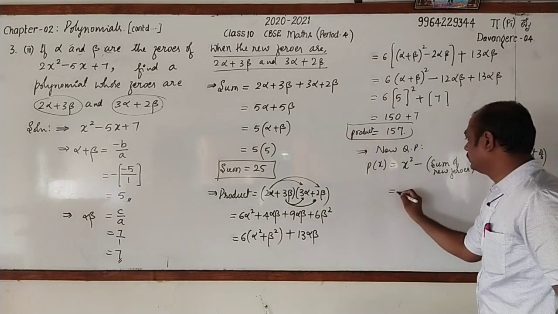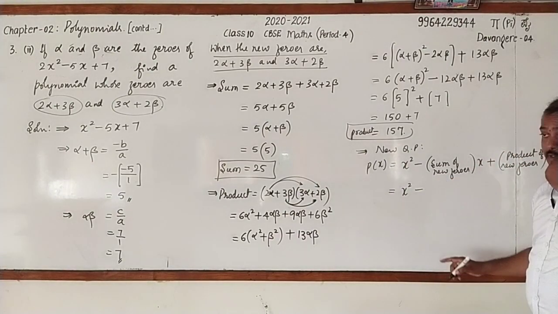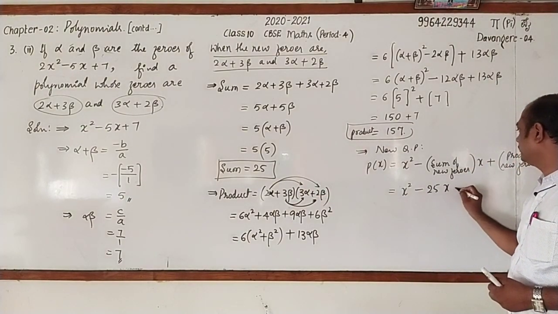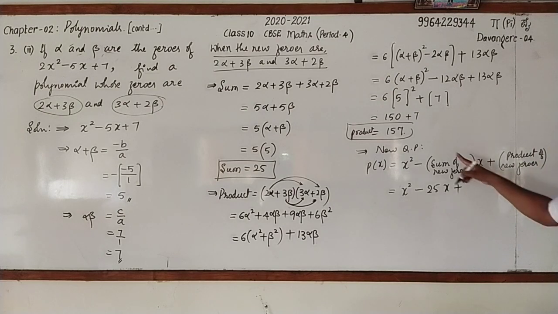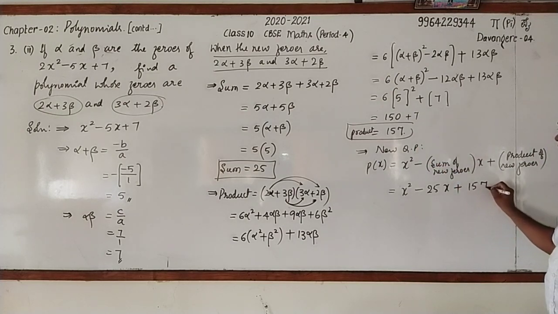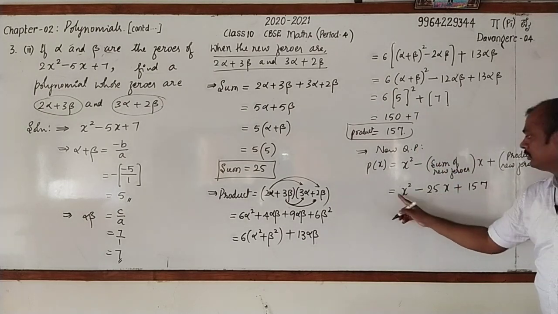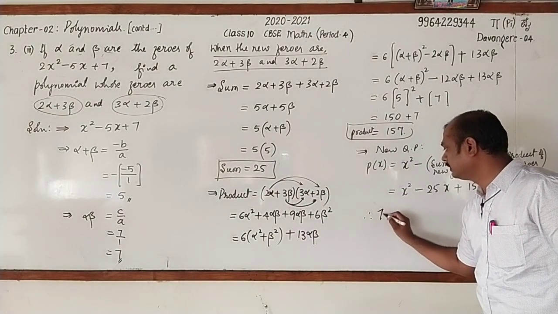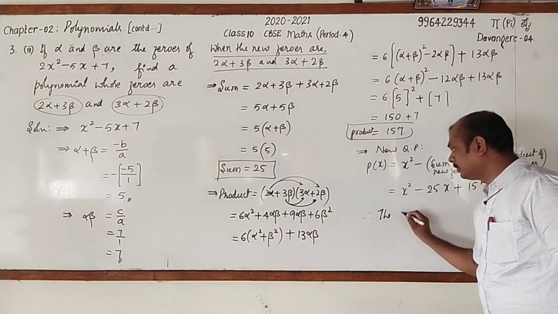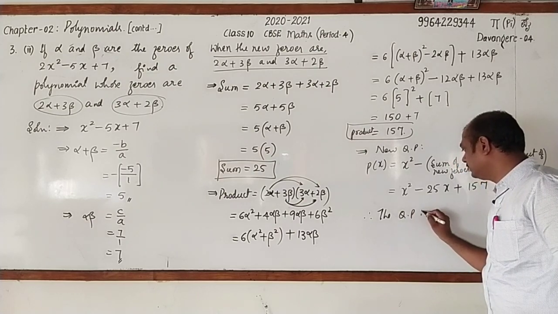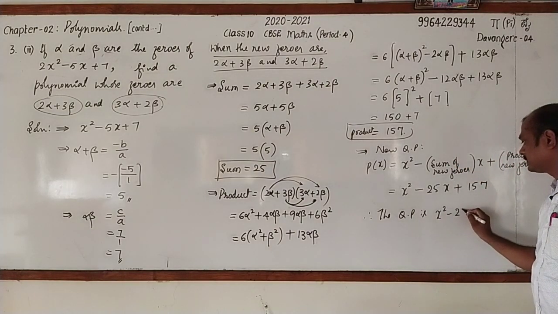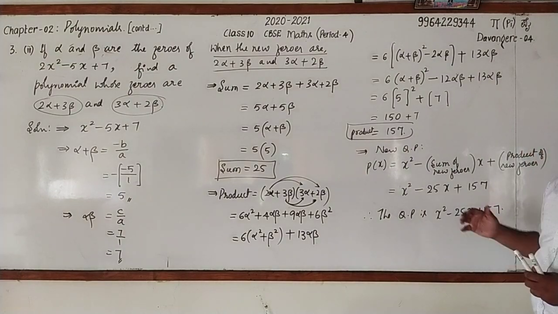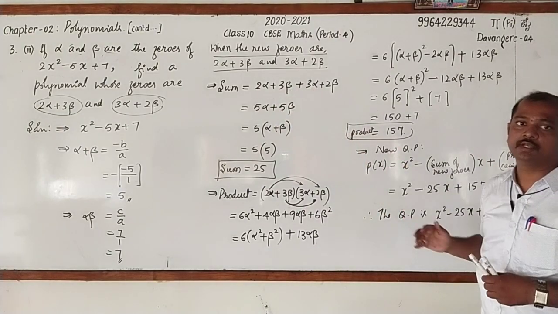It is equal to x square minus, what is the sum? Sum is 25, into x plus product, it is 157. Now this is the required polynomial. Therefore, the quadratic polynomial is x square minus 25x plus 157. Please go for copying from there to here.